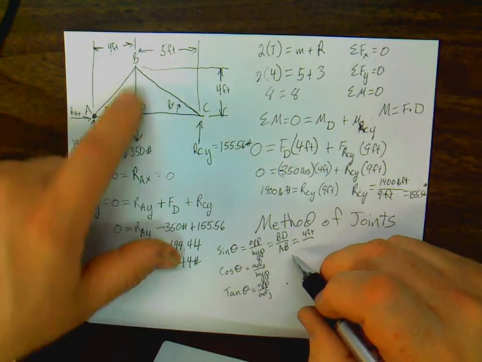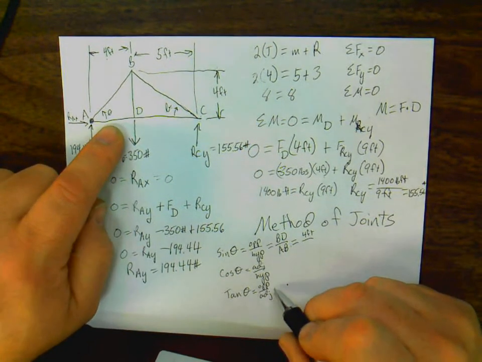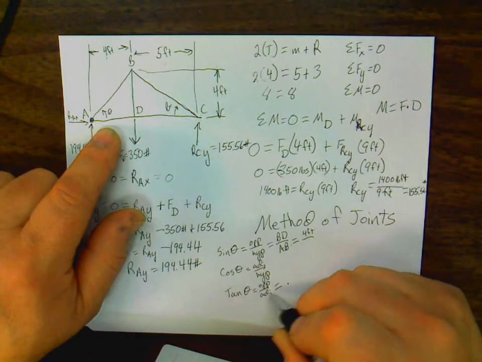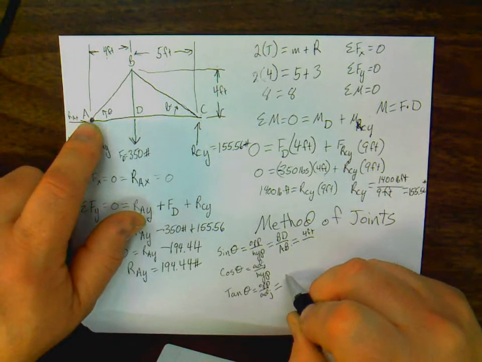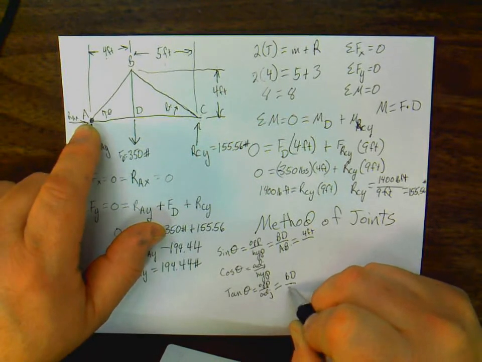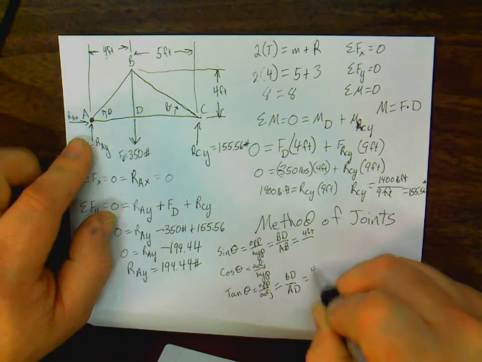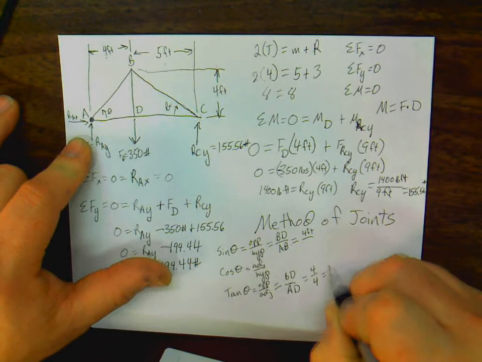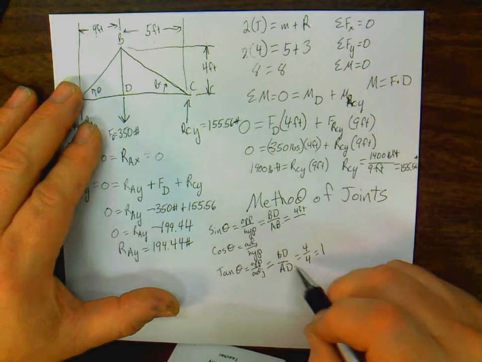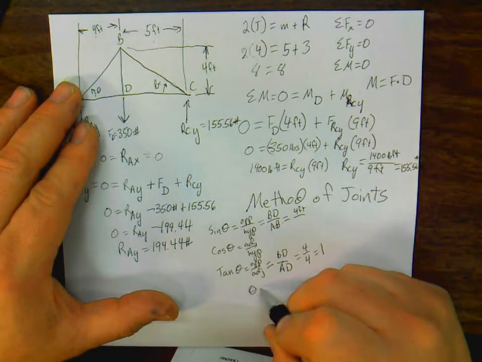So the formula we have to use here is tangent of theta. Tangent of theta equals the opposite, which again is BD, over the adjacent, which is AD. Both of those are 4. So 4 over 4, which equals 1. Now, if we have tangent of theta equals 1, we have to take the inverse tan. So theta is going to be the inverse tan of 1, and we're going to find out that this is going to be 45 degrees.